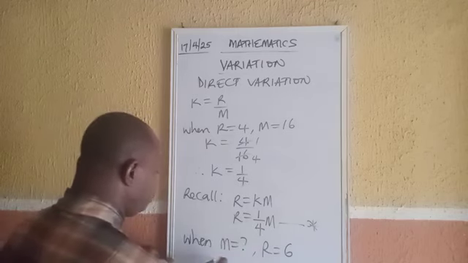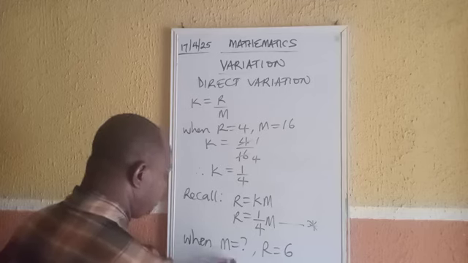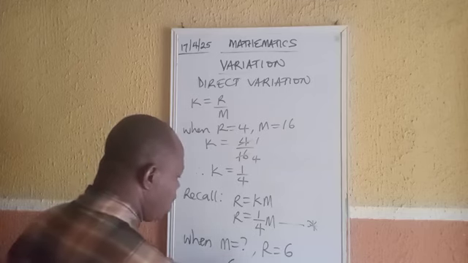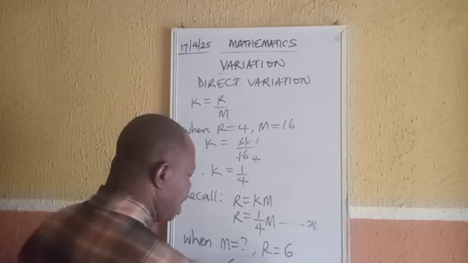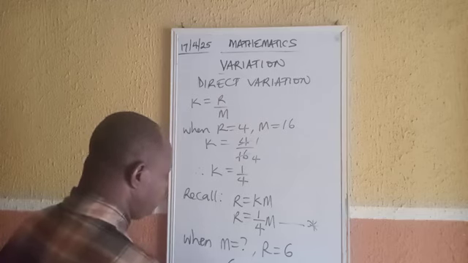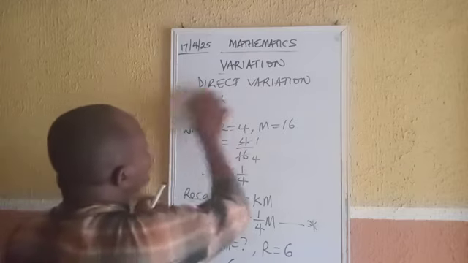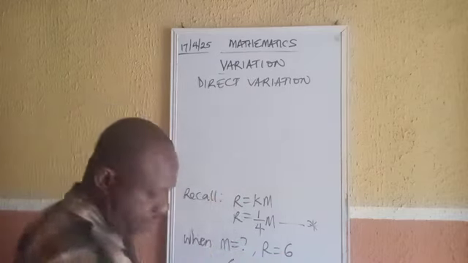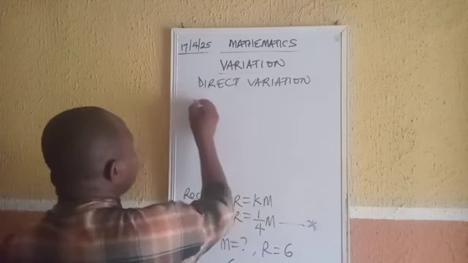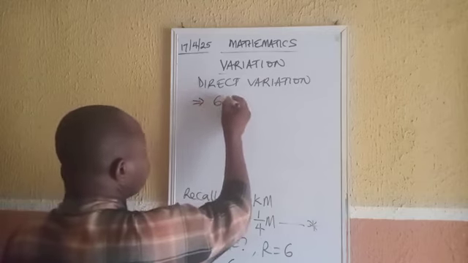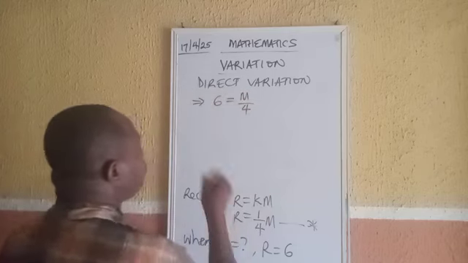Now it becomes 6 equals 1 over 4 times m. This is the same thing as saying 6 equals m over 4.